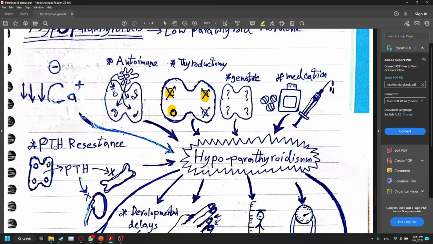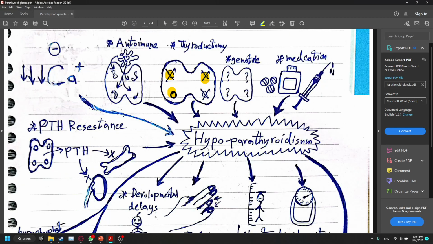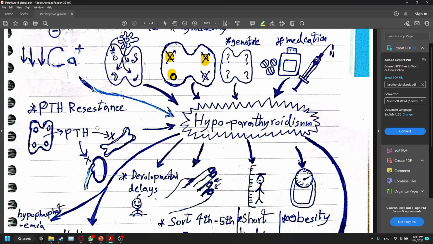It can also be caused by PTH resistance. For some reason the osteoblasts and osteoclasts don't respond at all to any PTH. Same thing with the kidney; it doesn't respond with reabsorption of calcium from the urine here.